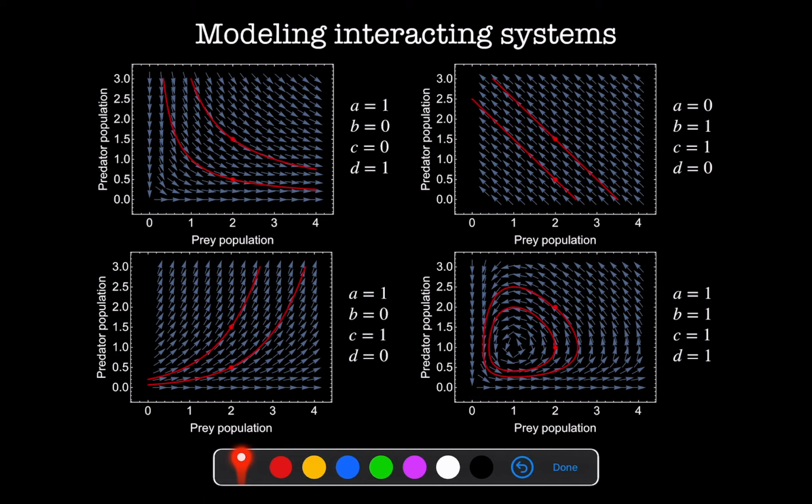We could have another case where this one makes no sense ecologically, but if you're just playing with parameters, you can see what this is. So ecologically, this would be rabbits are born and grow at some rate. Rabbits are not being eaten by anything. Foxes are born and grow at some rate.